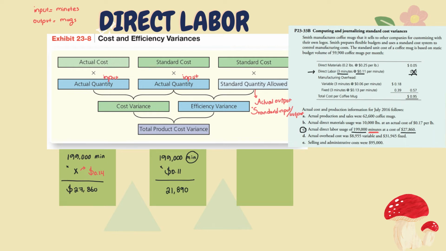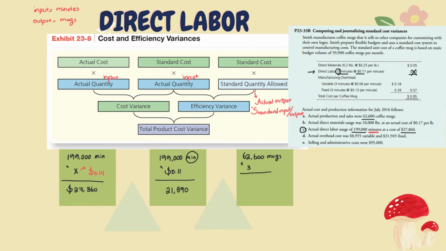Now last one, actual output multiplied by standard input per one output. Actual output is actual number of mugs, which is 62,600 mugs. I need to multiply it with standard number of minutes to make one mug. Okay, so I need 3 minutes to make one mug. So I need to multiply it with 3 minutes to get the total amount of minutes.